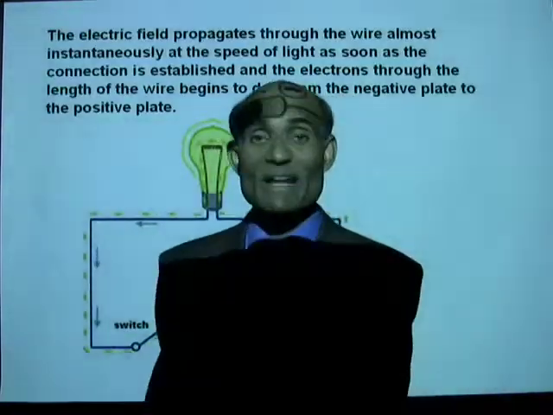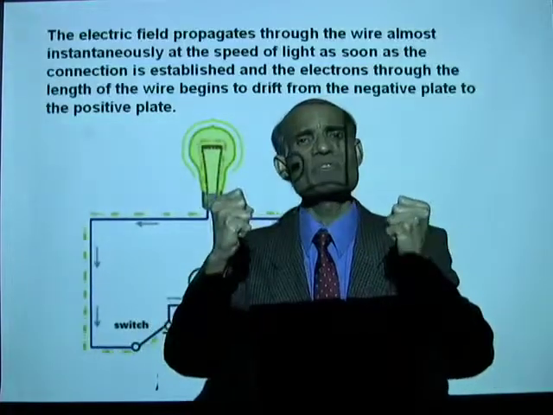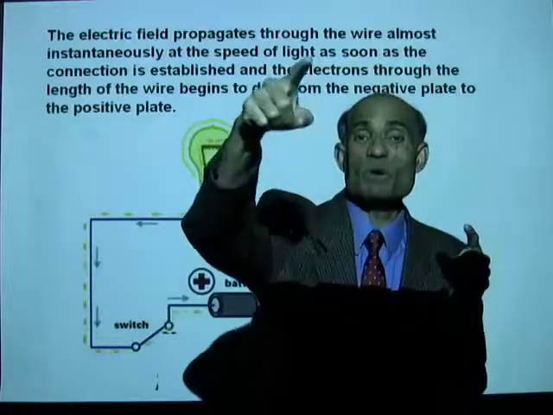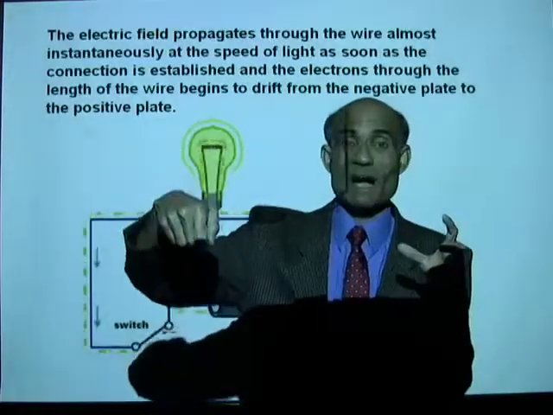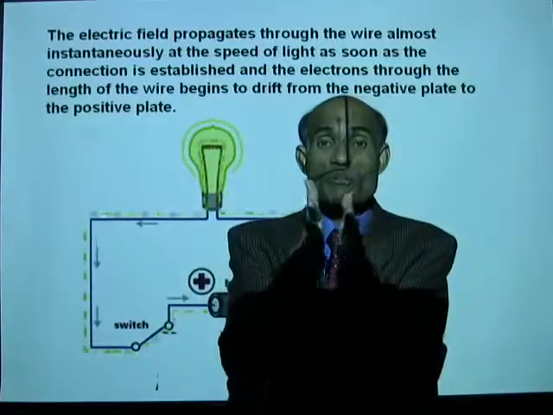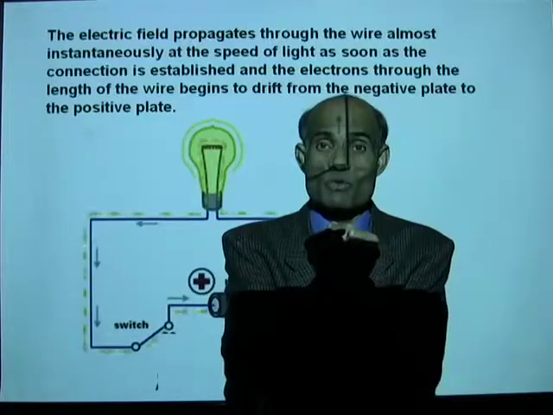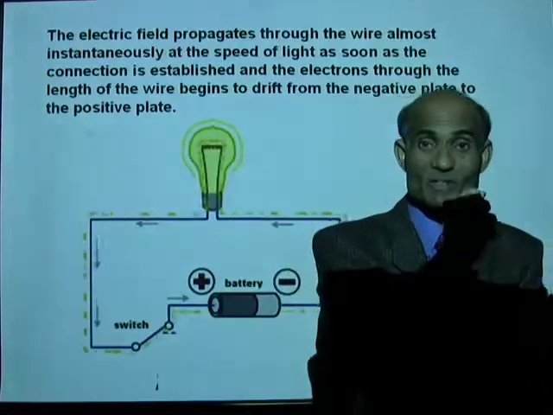Now, the drift of electrons is rather similar to, let me see if I can find an example. Suppose you have a group of soldiers who are in a circle, and the sergeant stands in the middle and says, "Soldiers, march." Now, what do they do? Each soldier will be moving like this, is that right?